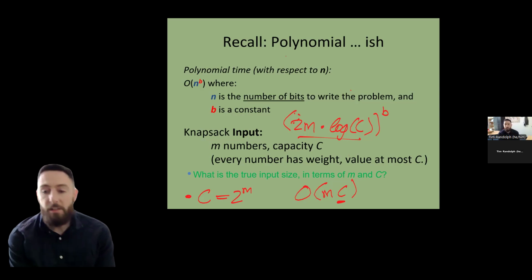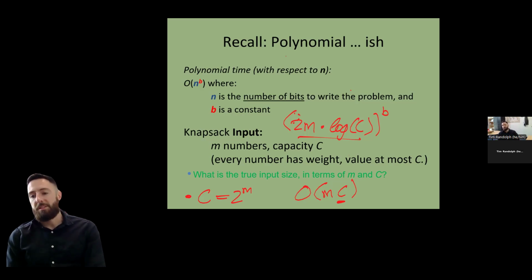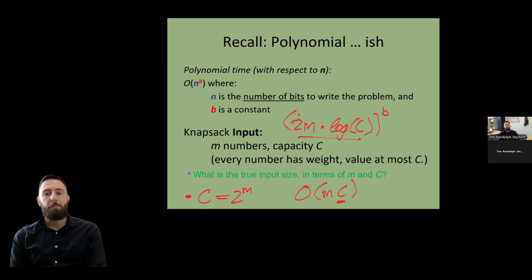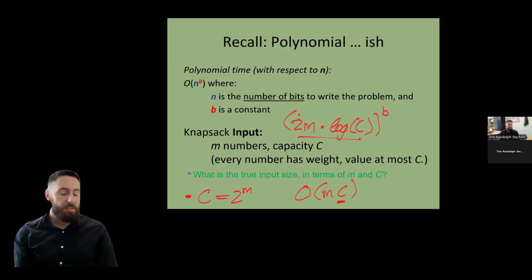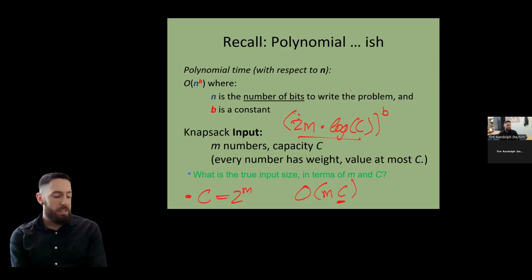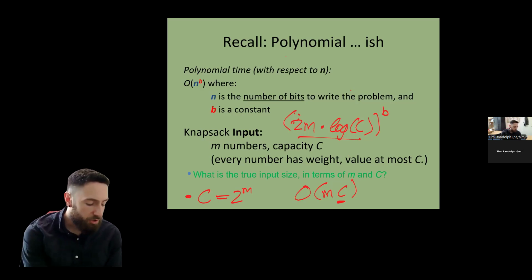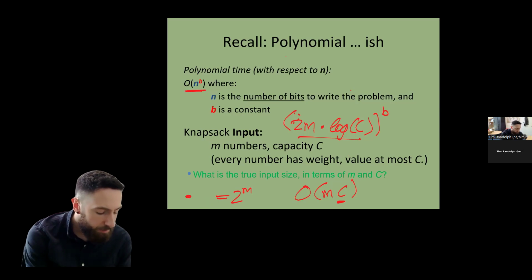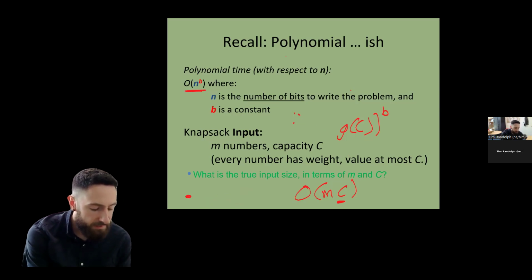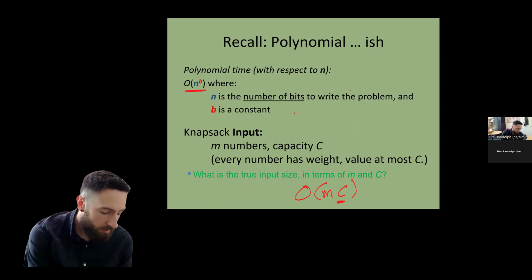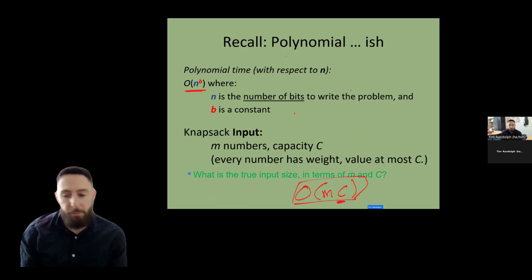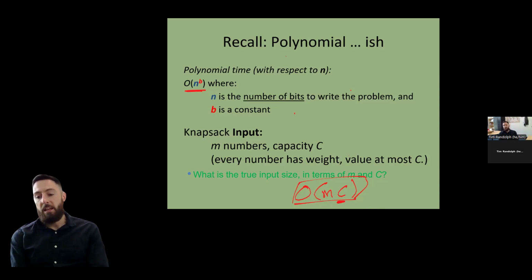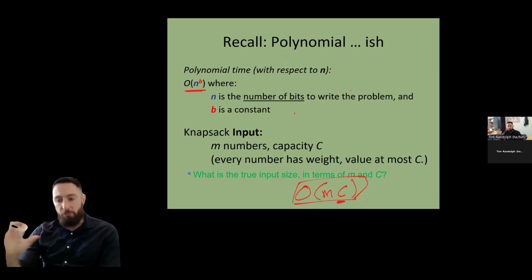So zooming out a little bit, if that was a discussion that was hard to track, I want us to keep our eyes on the big ball, which is that usually we want to keep track of our runtime in terms of the problem input size. Here, we designed an algorithm that depended on the input size, but also on this capacity C. So if we look at our runtime of O(MC), basically, we just need to proceed with a little bit of caution and say, if C is not too big, this is a great algorithm.